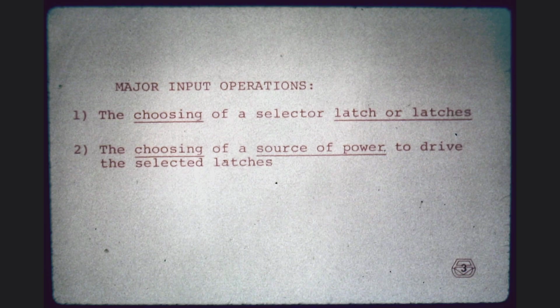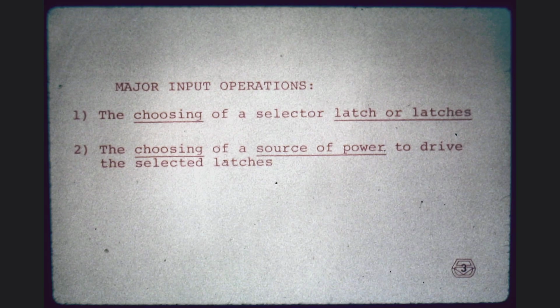Whenever an operator uses the somewhat more sophisticated non-manual input mechanisms, two major occurrences will take place in the machine. 1, the choosing of the selector latch or latches, and 2, the choosing of a source of power to drive the selected latches. First, we shall study Segment A, covering the input to character printing operations. Segment B, covering the input to non-character printing operations, will be covered later.